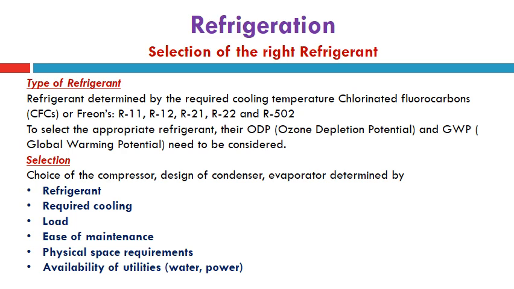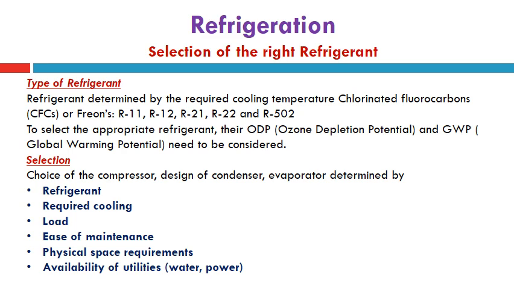To select the appropriate refrigerant, their ODP, ozone depletion potential, and GWP, global warming potential, need to be considered. Each type of the selected refrigerant must be selected carefully based on its impact from the environmental point of view and its effect on the ozone layer and the global warming potential on the earth.